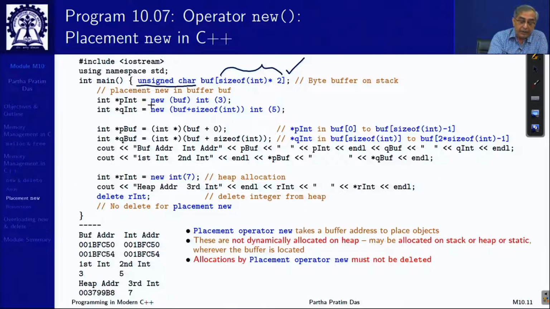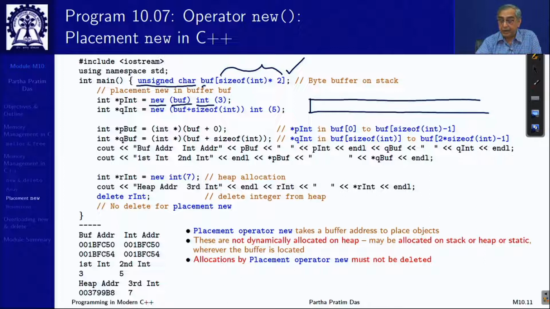So, the difference that I make is again new. It has to have the type, but before that within a pair of parentheses it takes a pointer to the memory where it will do this new creation, and that is buff. Let me try to draw it here, assuming that int is of size 4 bytes.